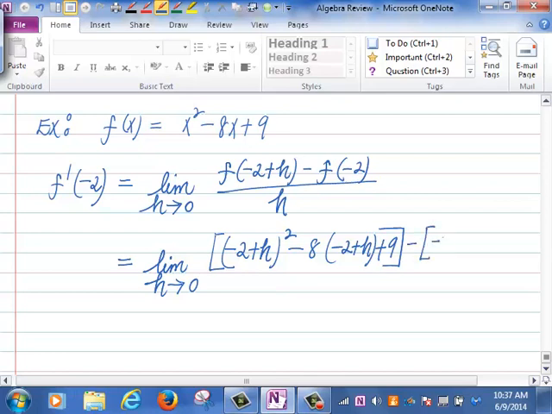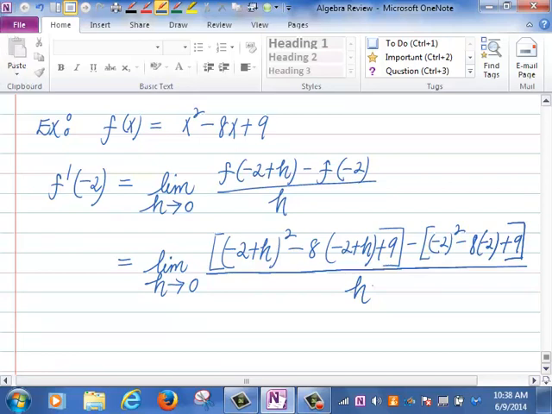F of negative 2 would be negative 2 squared minus 8 times negative 2 plus 9. So that's what I have in the brackets, and then I have over h. Everybody's okay? You plugged in negative 2, yes.